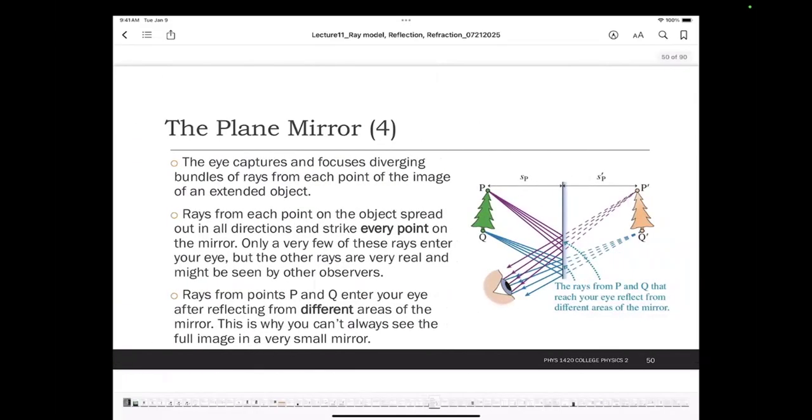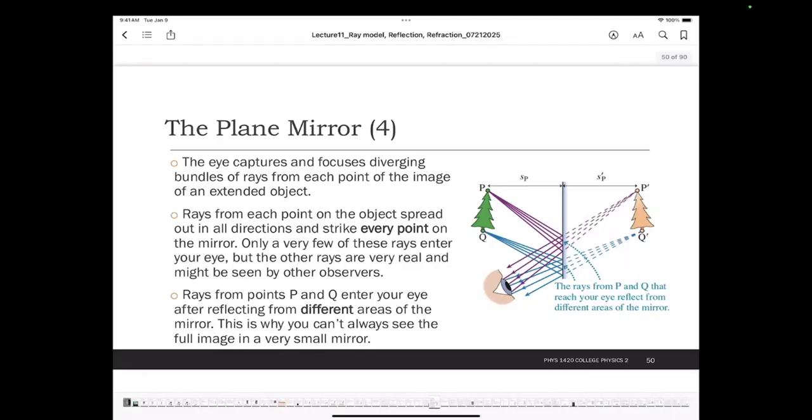The eye captures and focuses divergent bundles of rays from each point of the image of an extended object. Rays from each point on the object spread out in all directions and strike every point on the mirror.